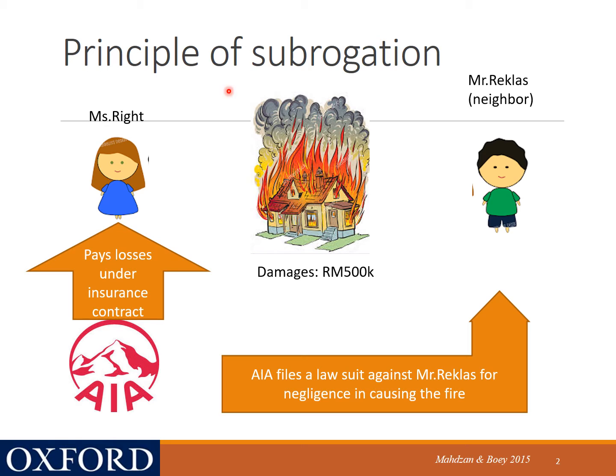So under the principle of subrogation, the insured transfers the right to AIA to file a lawsuit on her behalf against the third party who had contributed towards the loss. So subrogation is a transfer of the rights to claim from the third party, who is also somehow involved in the causation of this loss.